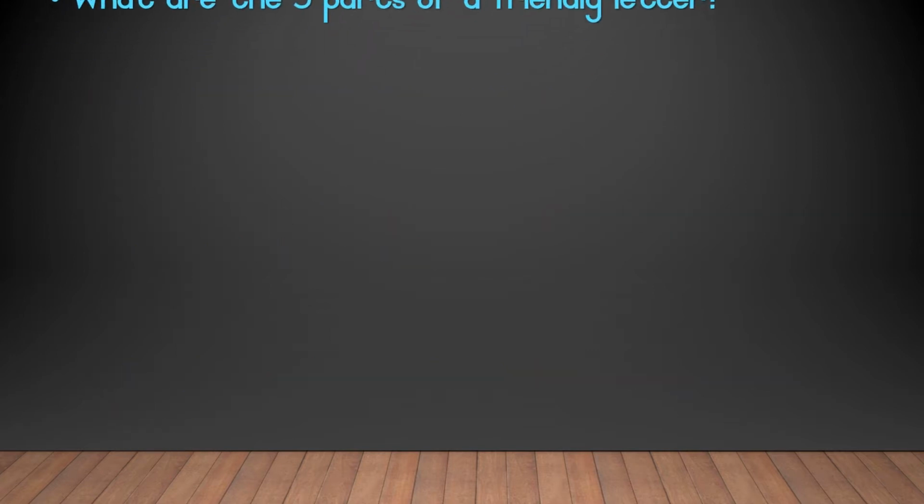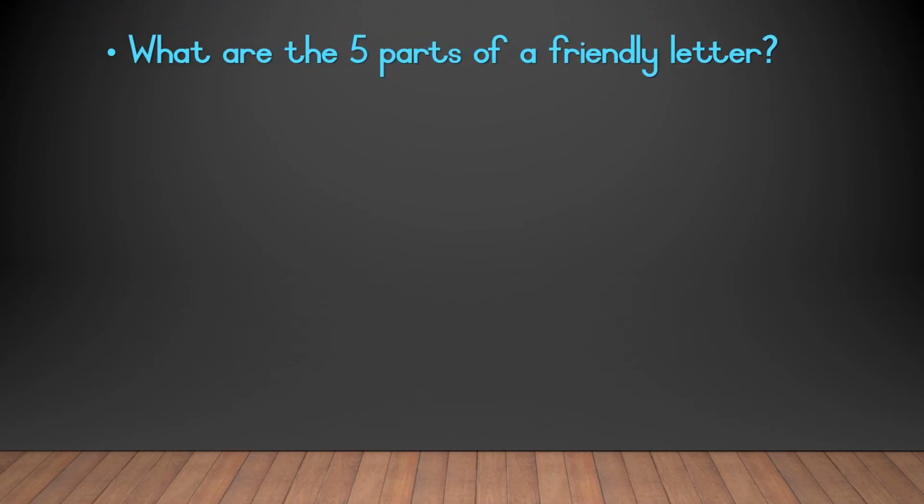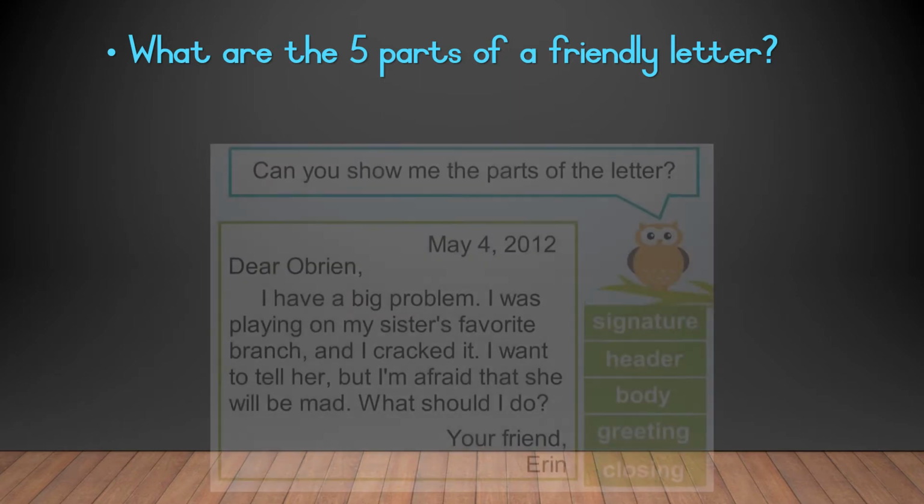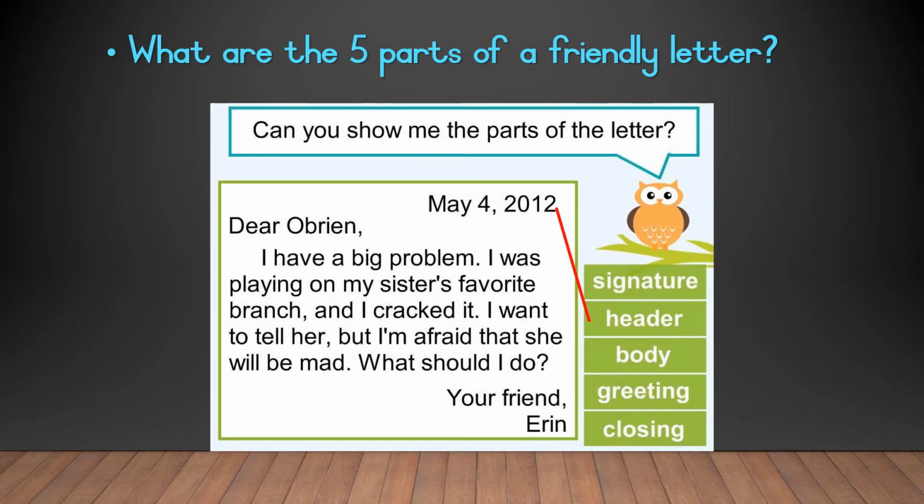Question number 4. What are the 5 parts of a friendly letter? The 5 parts were number 1, the header, where we write the date. Number 2, the greeting, where we write dear and your friend's name, or mum or dad or those things.